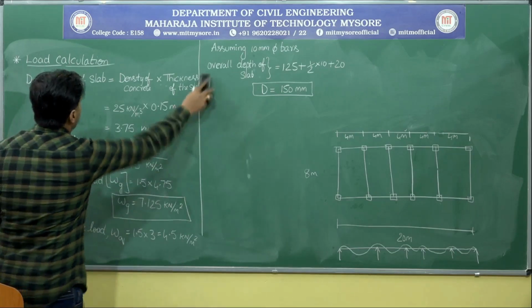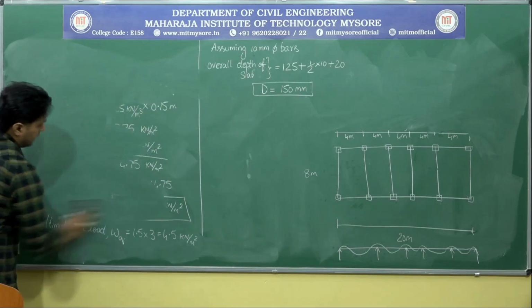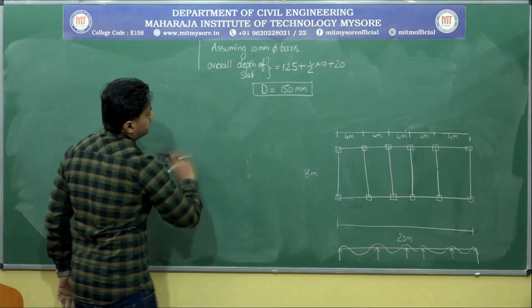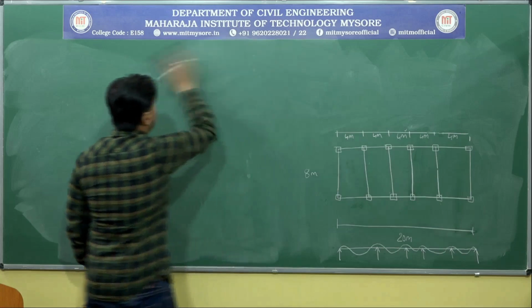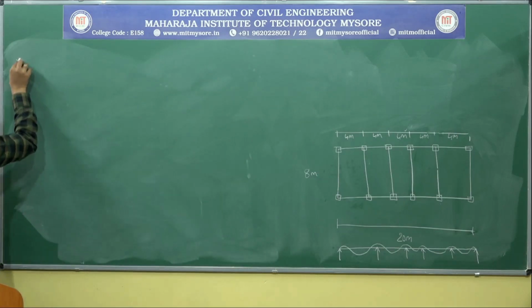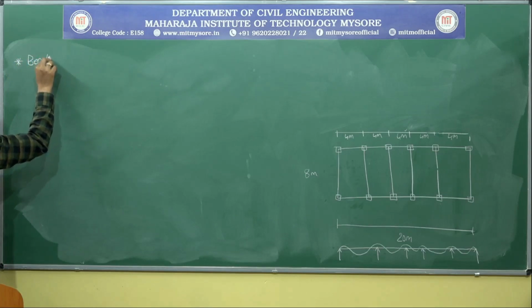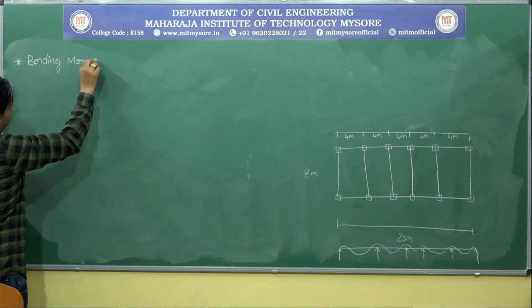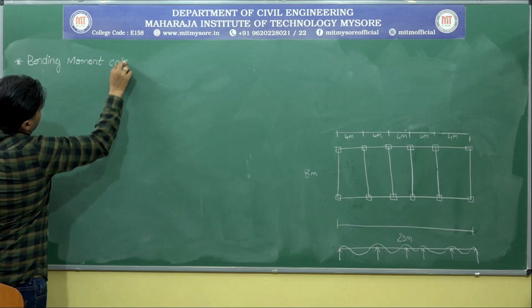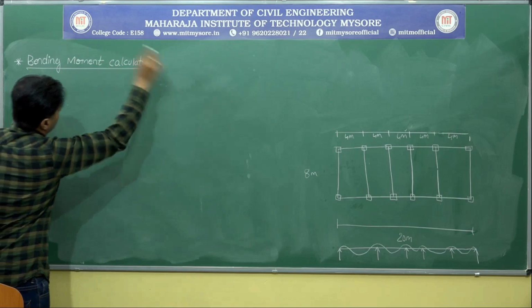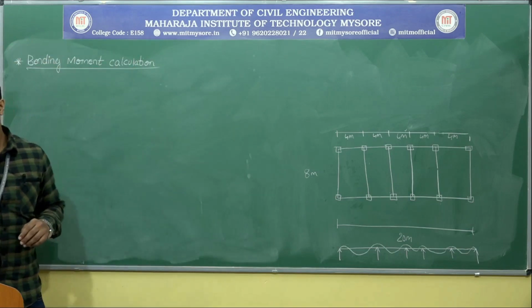Next it's the bending moment calculation. I need the diagram, let the diagram be as it is. Now let me go with the next heading, bending moment calculation. For that, in the code only they have given.